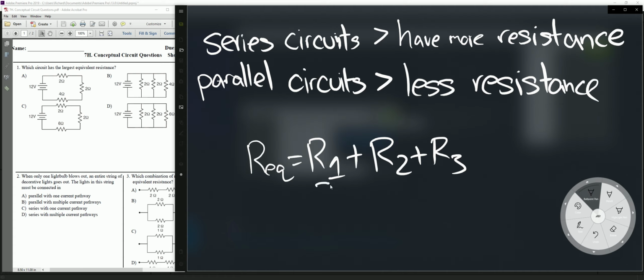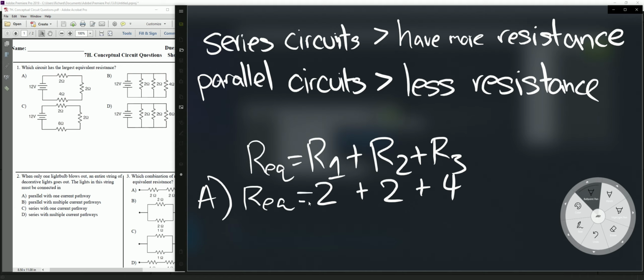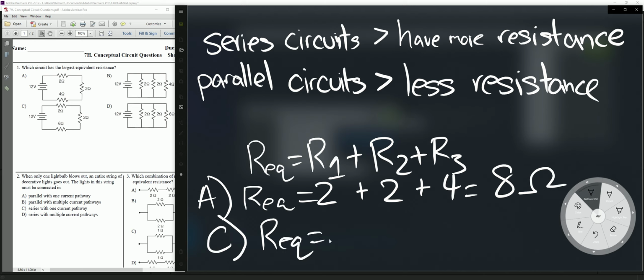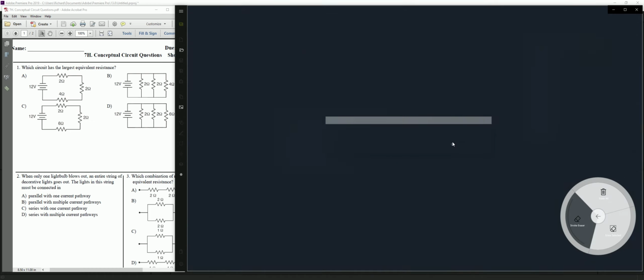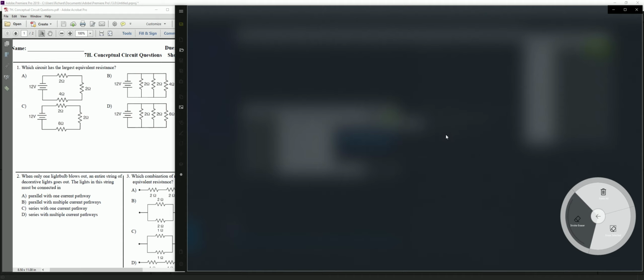Choice A has 2 and 4, so you get 8 ohms here. Choice C is 2 plus 2 plus 6, and you get 10 ohms, right? So choice C is your answer. Choice C gives you the greatest equivalent resistance.